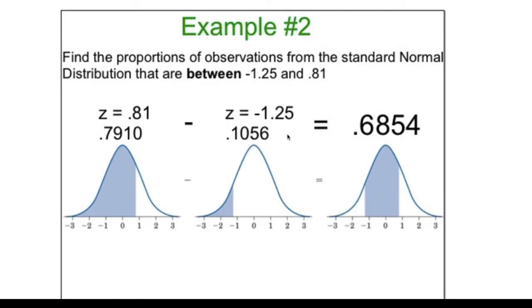But what if we did in between? Okay, and so think about this math here, and I give you a visual reference as well. If I wanted to find the proportion or the percentile of observations that occur between a z-score of negative 1.25 and a z-score of 0.81, I would take my two z-scores, starting with the bigger one. Remember, 0.81 would be bigger than any negative number, so bigger than negative 1.25, and subtract them off.